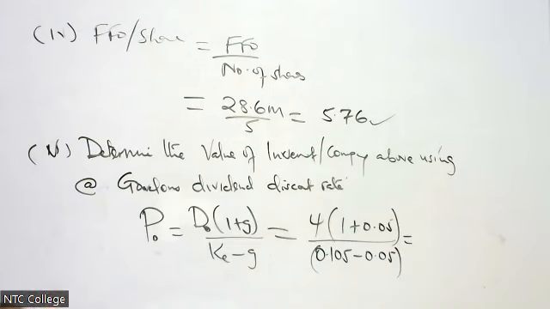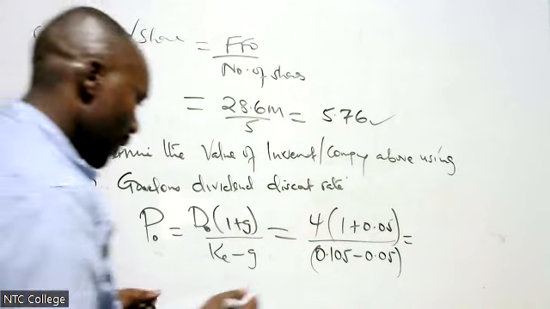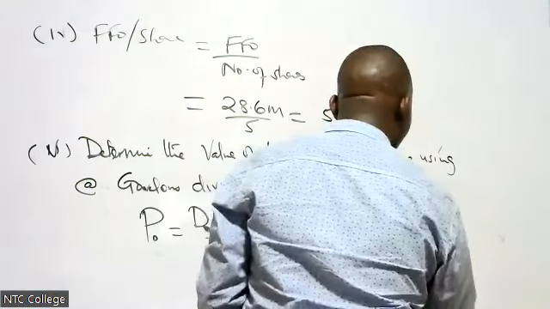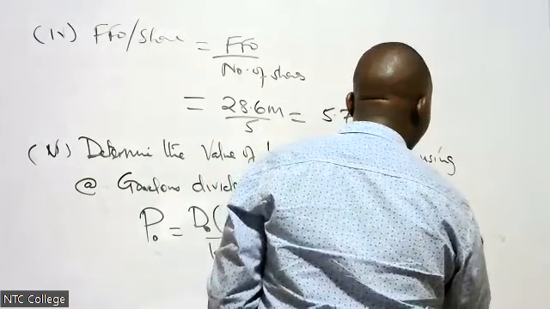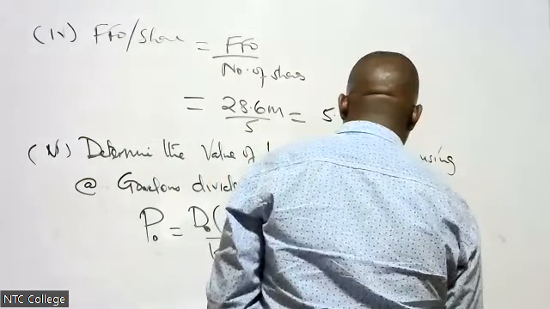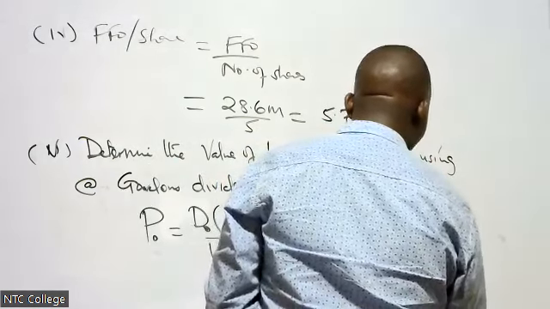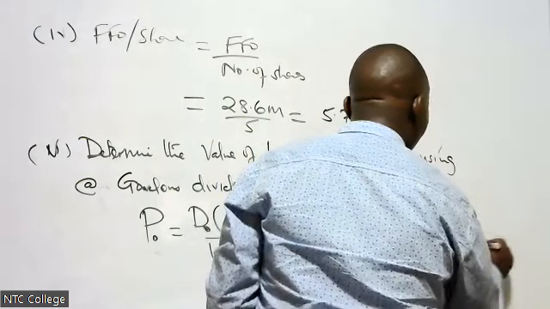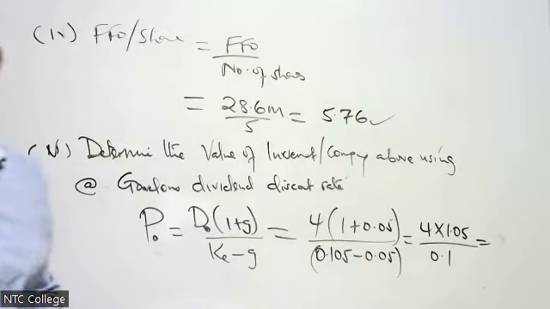Am I moving so fast? Can somebody get the figure? So this one is the same as 4 times 1.05 all over 0.1. What is your answer? What are you getting as the answer?